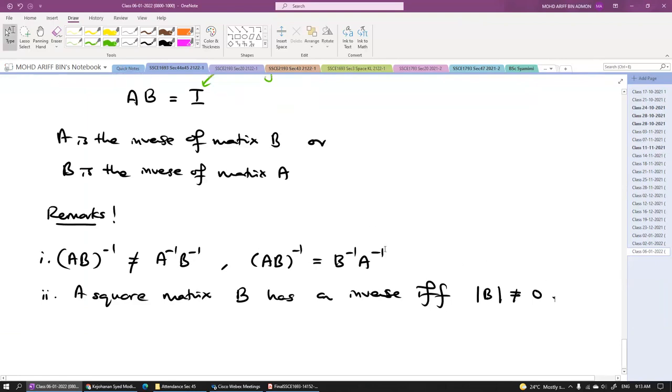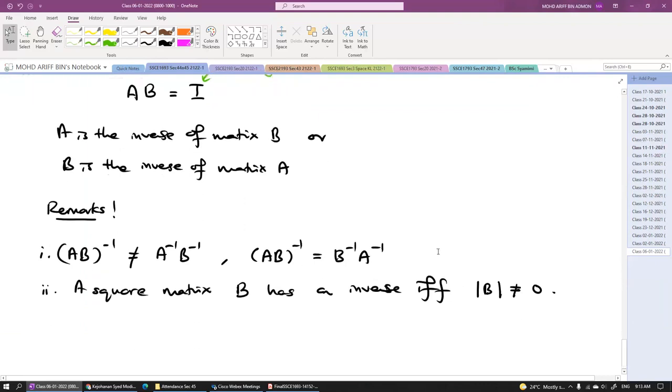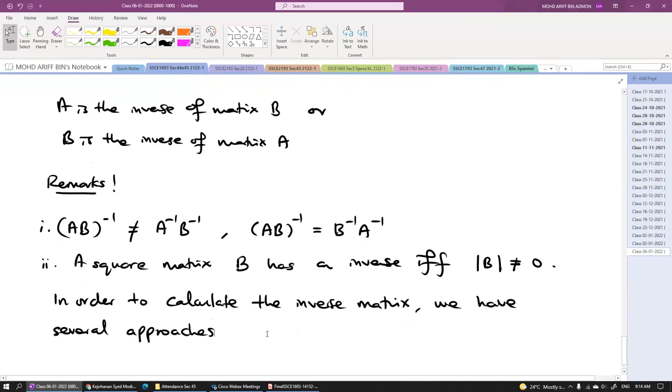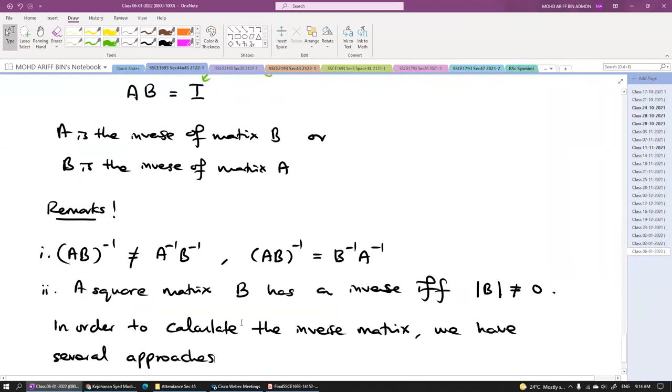So how can we calculate the inverse? We have several approaches, similar to the determinant, where you have the calculator, the formula, and the cofactor expansion.